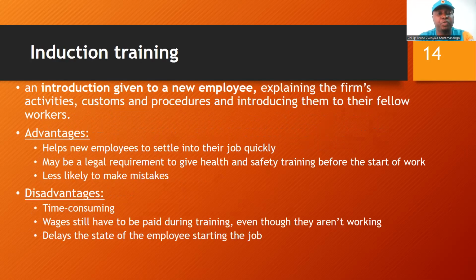It's simply a way of introducing a new employee to an organization, for them to understand the business activities, the customs, the procedures, and introducing them to their fellow workers. They need to understand everything that is happening around the business environment.